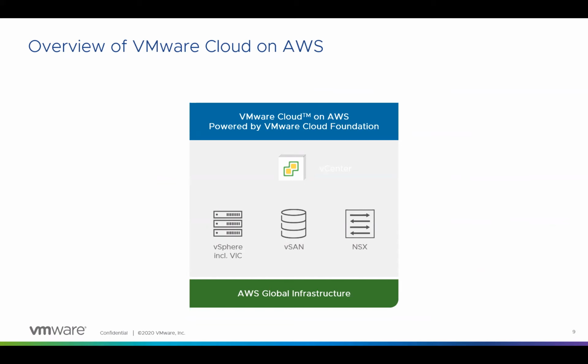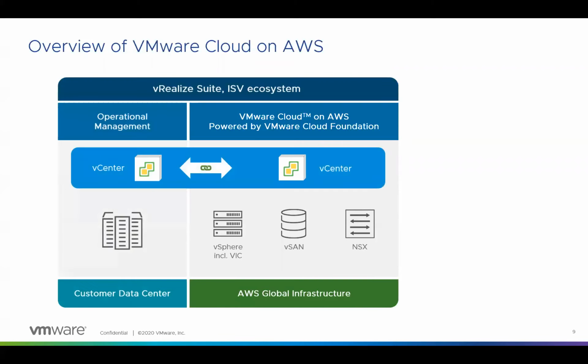A lot of our customers deploy workloads on-prem, and they want to migrate the workloads to the cloud, but they want to use the same technologies they have been using on-prem, such as vSphere, vSAN, and NSX. VMware Cloud on AWS provides just that, but it is backed by AWS. So you have the best of both worlds, where you can deploy the workload in the cloud while utilizing the same technologies you have been using on-prem.